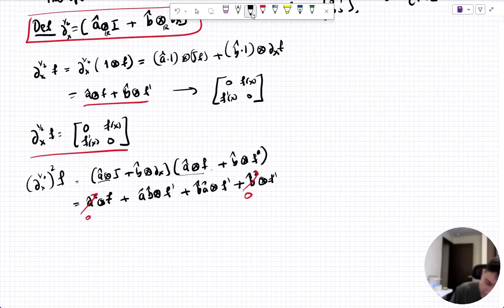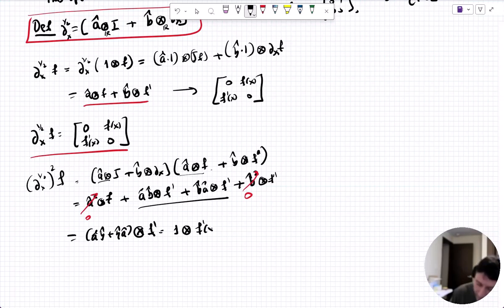Now we're left with this part right here, in which we can pull out the AB and BA. So this is equal to AB plus BA tensor f prime, which in this case is equal to 1 because we did that calculation in the Clifford algebra, acting on f prime of x.